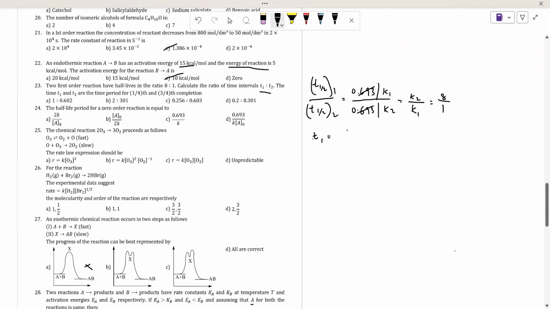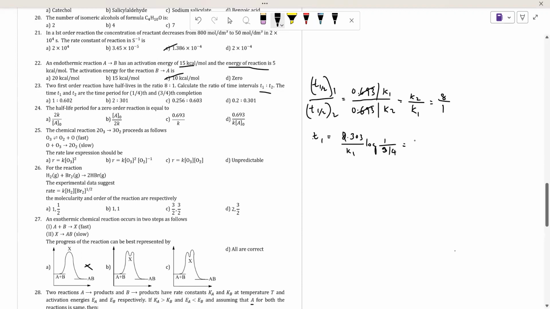T1 will become equal to 2.303 divided by K1 log of A0 by A. Since they are telling that for T1, 1/4 of the reaction is complete, how much reactant will be left? So at time T, 3/4 of the reactant is left.